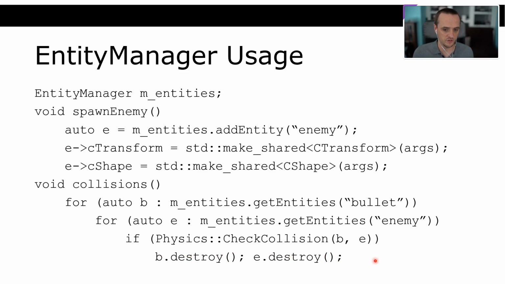So we destroy the bullet and we destroy the enemy. And inside the destroy function of the entity, we just set that Boolean equal to false. And as someone in the chat mentioned earlier, if we really care about those minor details, we could also remove the components. So we could set all the components of those entities equal to null. And then that would solve all of our problems.